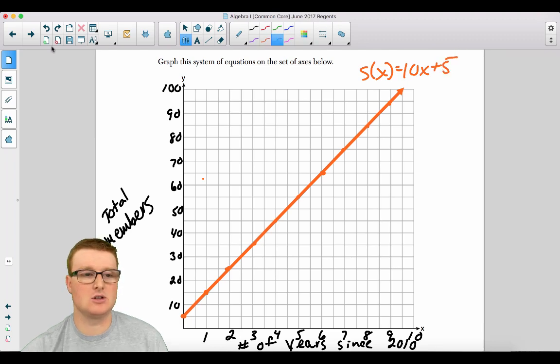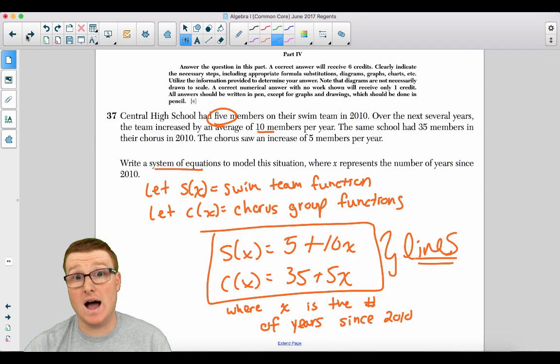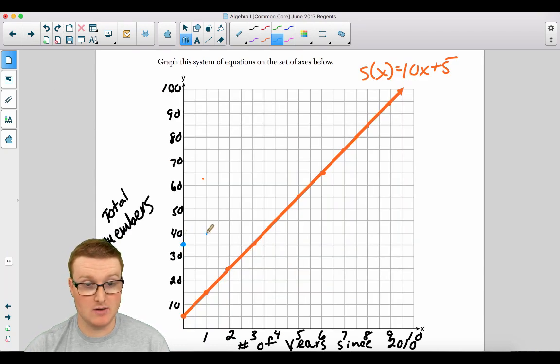I'm going to graph the chorus in a blue line. The y-intercept is 35, and you go up by 5 members each year to the right 1. So 35, 40, 45 in the second year, 50 in the third year, 55 in the fourth year, 60 in the fifth year, 65 in the sixth year, 70 in the seventh year, 75 in the eighth year, and so on.